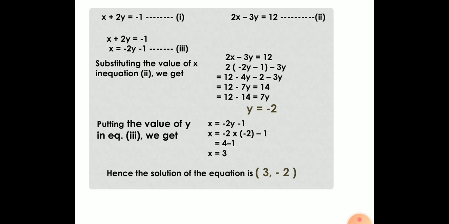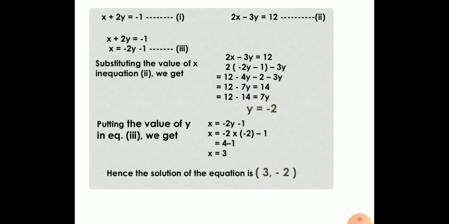In equation number 2 we have 2x minus 3y equal to 12. So you can write the value of x: 2 times (minus 2y minus 1) minus 3y equal to 12. In this condition x is substituted, so you will get the value of y, and you have y equal to minus 2.